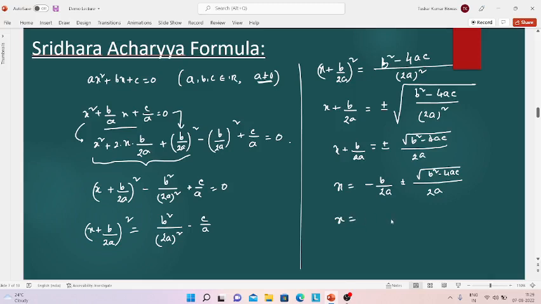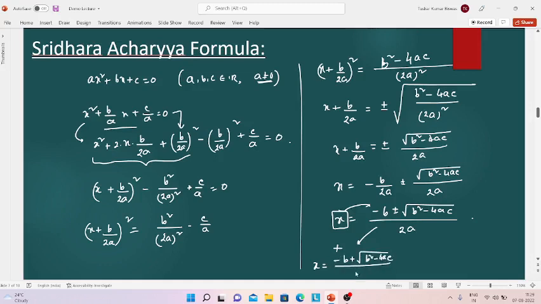So you can write x equals minus b plus minus root of b square minus 4ac by 2a. So if we take plus, then x equals minus b plus root of b square minus 4ac by 2a. If you take minus, we will get x equals minus b minus root of b square minus 4ac by 2a. So these are the roots of a quadratic equation in the form ax square plus bx plus c equals 0.